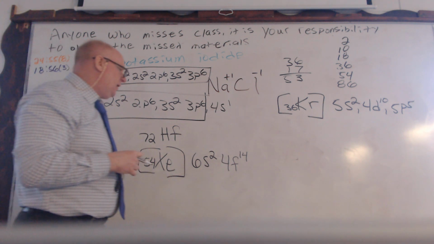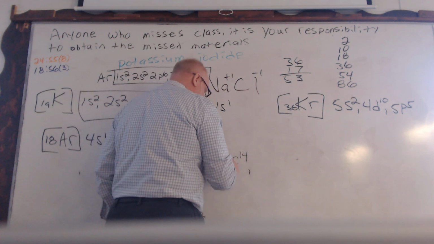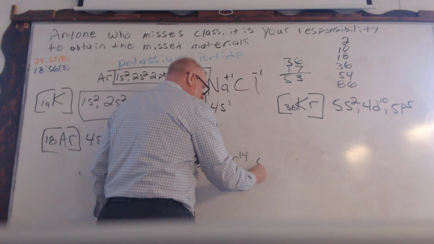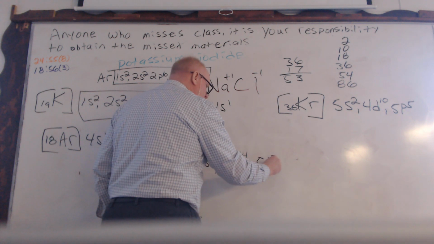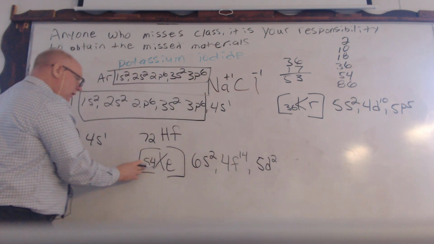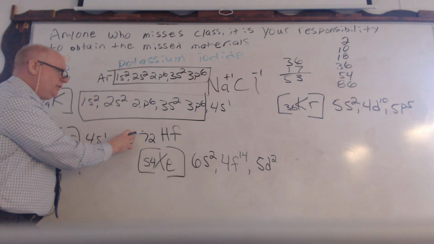Which must mean what comes after 4F14? So 2 plus 14 plus 2 plus 54 equals what? 72. So that's got to be right.